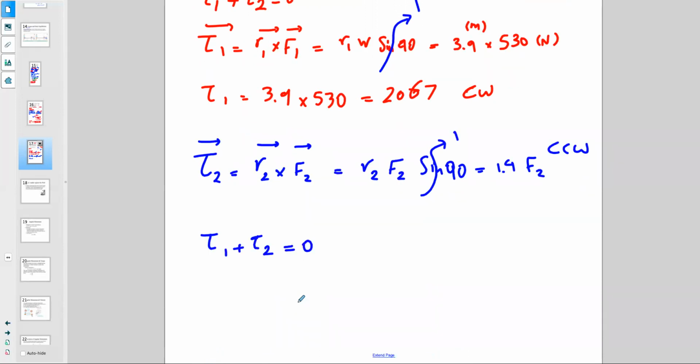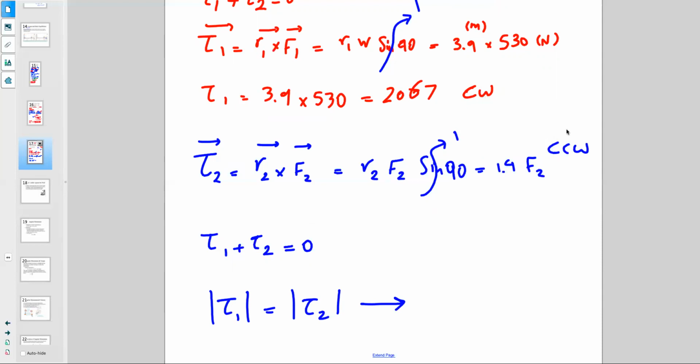In other words, they have to have equal amounts, one counterclockwise and the other clockwise, so one is positive and the other negative. Tau 1 value should be equal to tau 2 value, but they have opposite directions.